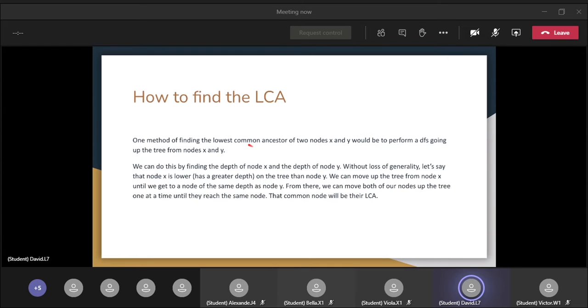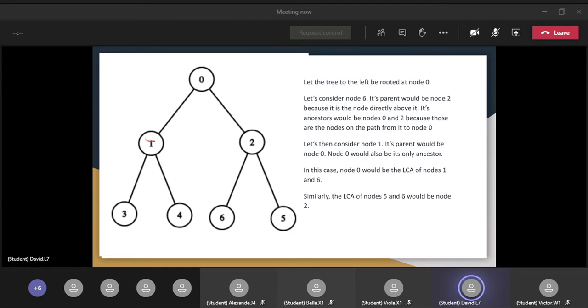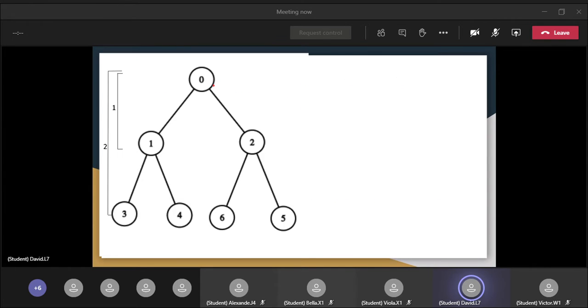Then from there, we can just move both of our nodes up the tree one at a time until they reach the same node, and that common node will be their LCA. So here we're at node 1 and node 2, and from both of them, we could just move up the tree once, and then we would get to node 0, which is their LCA.